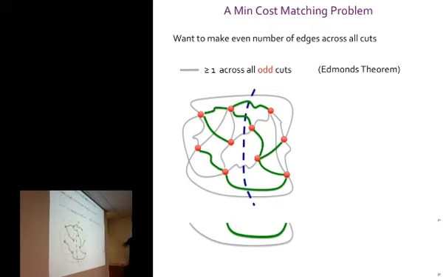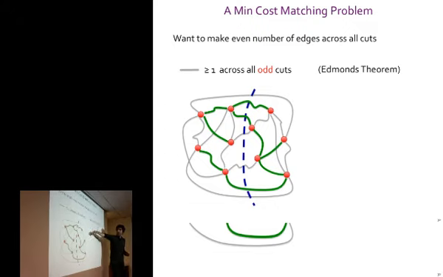But we need to bound the cost of the Eulerian augmentation again. So all we need to say is that we want to add some edges to have an even number of edges across each cut of the graph. Let's say if this cut has 3 edges, an odd number of edges, we want to add 1 more edge. So here we can use Edmonds' theorem.